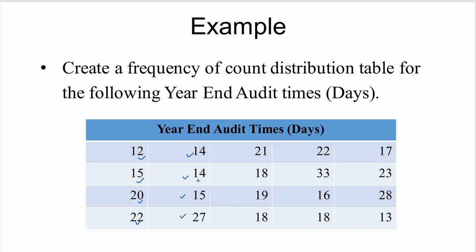Again, in their raw state, it's a bit difficult to understand. It's not presentable. We are not able to clearly represent this. But using tables and histograms, we can represent this in a more presentable format. Now, understand that the variable that we're looking at here is the year-end audit times. This variable is quantitative, right?